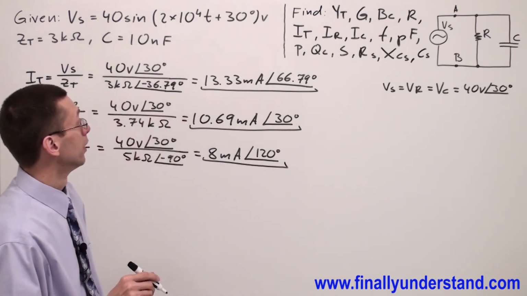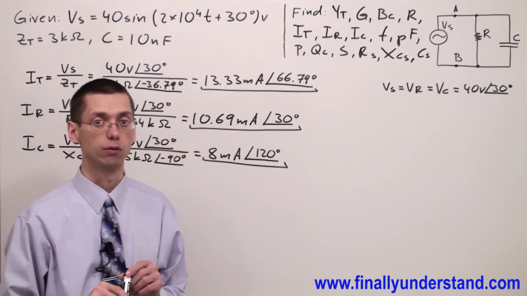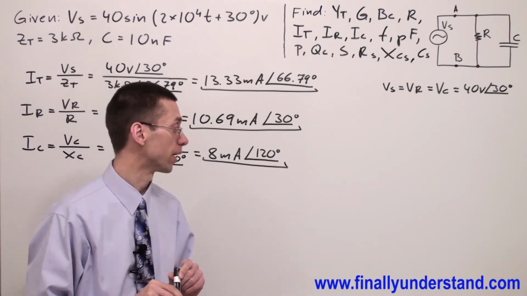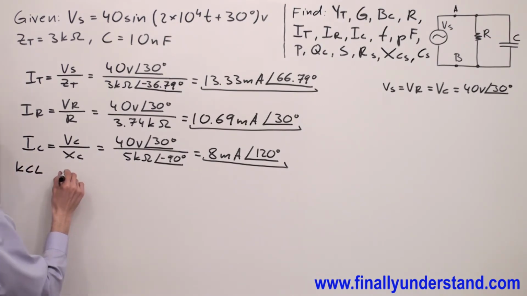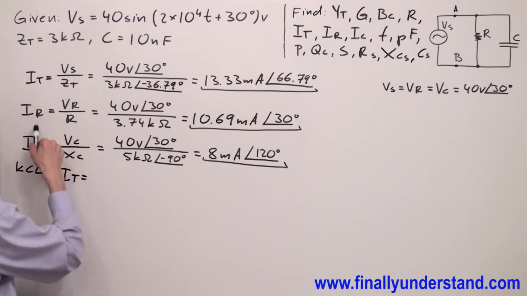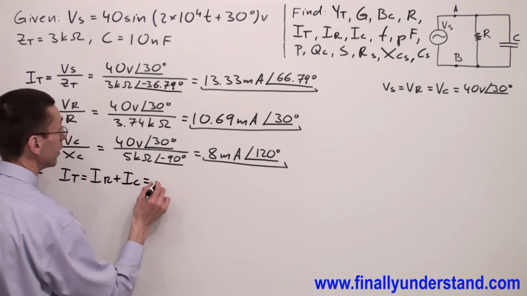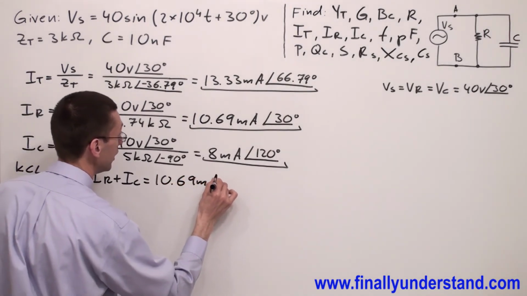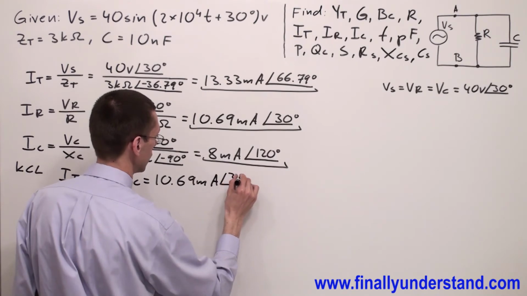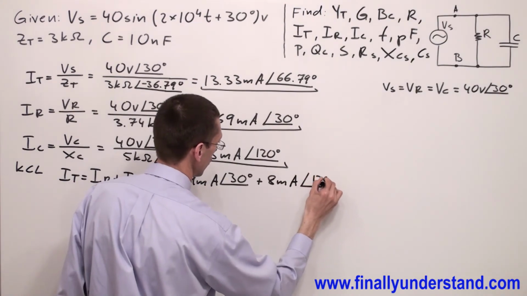Next, we're supposed to verify if these two answers are okay. What we're going to use, like always in a parallel circuit, is KCL, Kirchhoff's current law. I total must be equal to the sum of these two currents. So IR plus IC, where IR is equal to 10.69 milliamps and angle of 30 degrees, plus 8 milliamps and angle of 120 degrees.